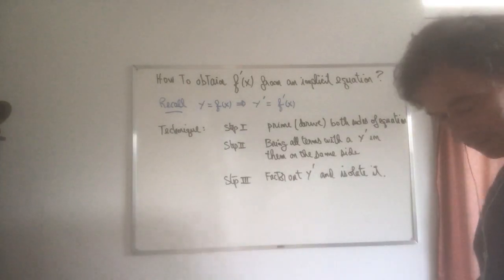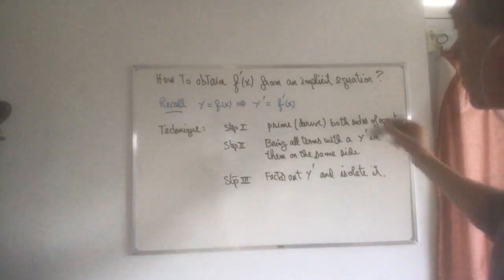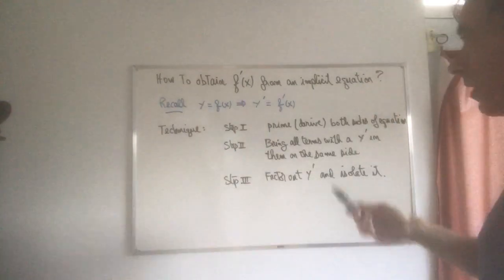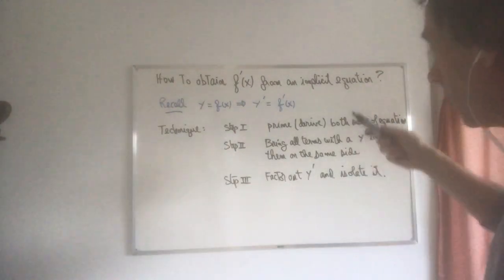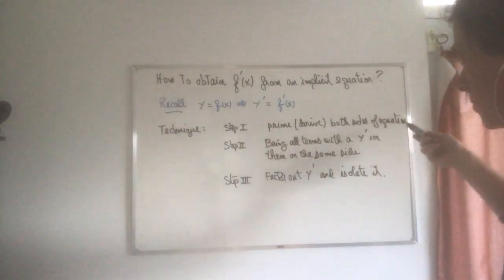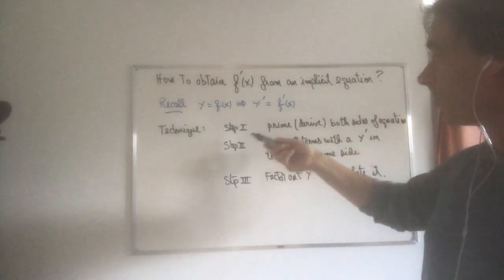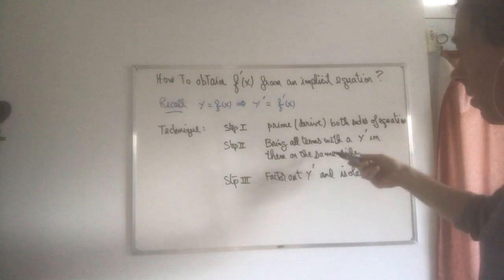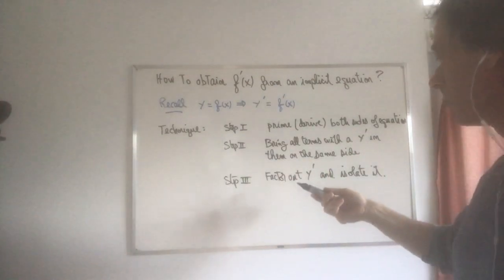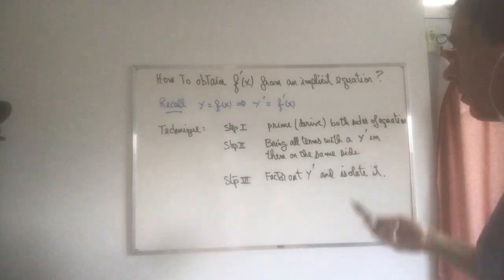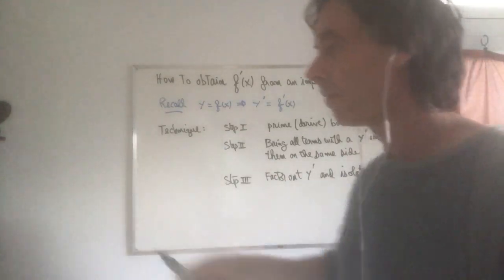That's the technique. It's a simple technique. So where we're given an equation like the one we had before, and I'm going to come back to that very equation, here's what we do. We prime both sides. All the terms that will contain eventually a y prime in them are going to be brought to the same side. And basically we factor out the y prime and isolate it. Just remember what we're looking for here.